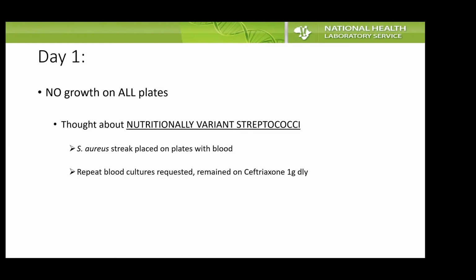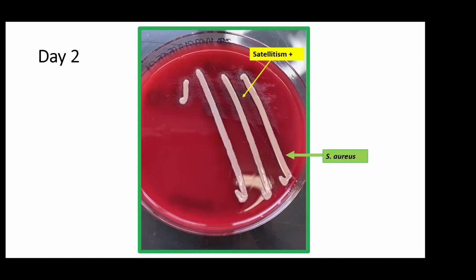So what we did then was to put a Staph aureus on the plates to see if there would be any growth, and this is what we observe. Basically, we put a Staph streak, which is the heavy white growth that you see there, and we use it as a helper organism, which allows for diffusion of compounds such as pyridoxine into the media, and allows for that strep to actually grow around those colonies.